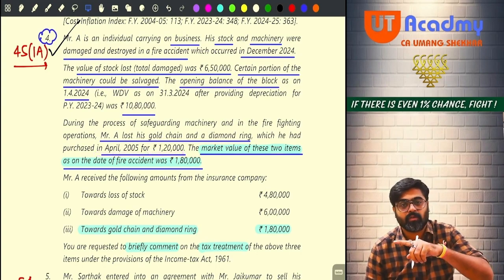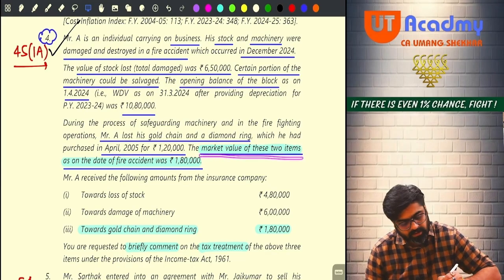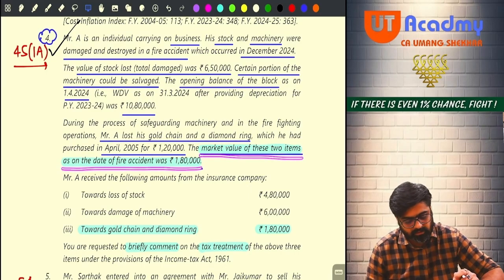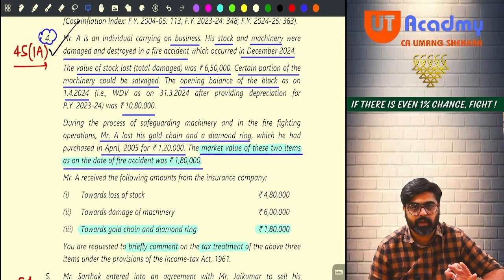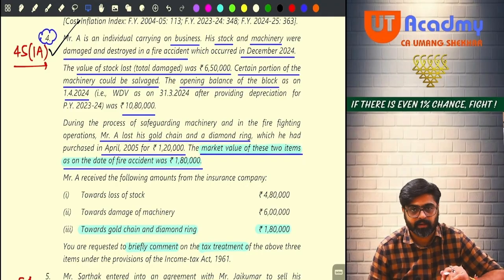This is the date of acquisition and the actual cost of the jewelry. The market value of these two items taken together as on the date of the fire accident was 1,80,000.